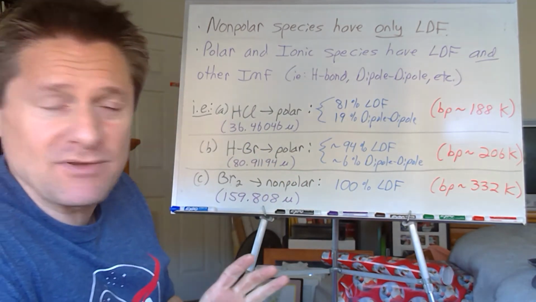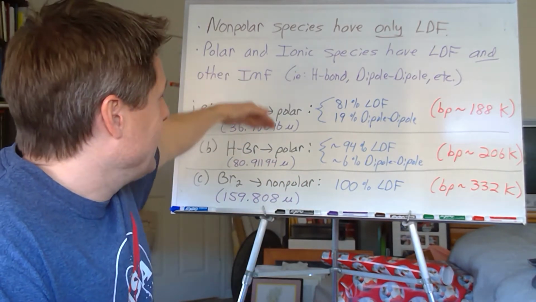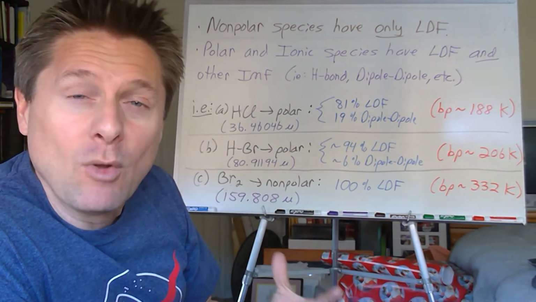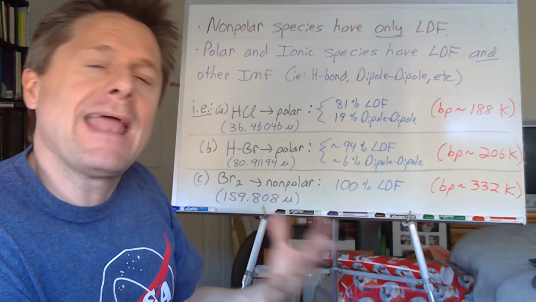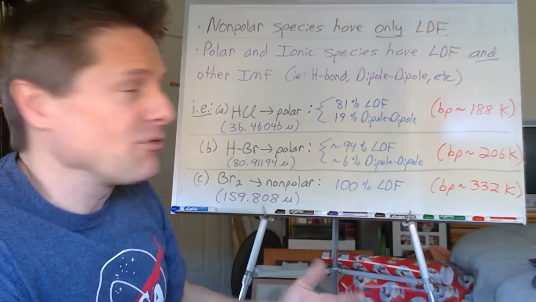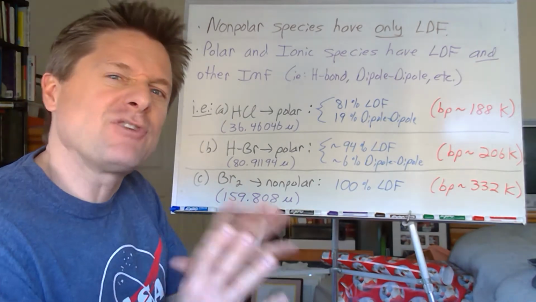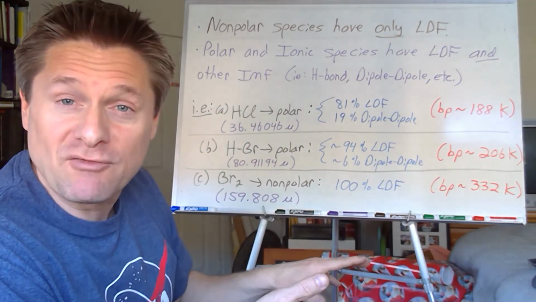On my exams and quizzes, I will try to give you maybe two polar species that are pretty equivalent in molar mass. So you would say they'd have roughly the same London dispersion force strengths, and the difference would be that the more polar one would have the higher boiling point, right? So I try to take out the London dispersion force effect.